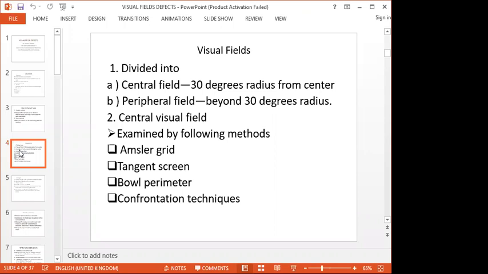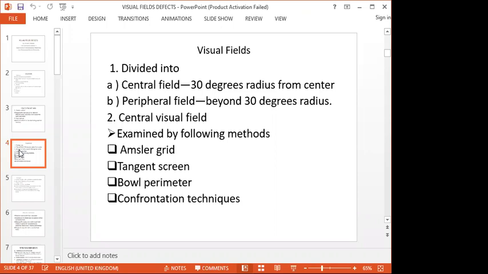Beyond that is the peripheral field. Central visual field is examined by the following methods: the Amsler grid, the tangent screen, Bjerrum perimeter, and the confrontation technique.